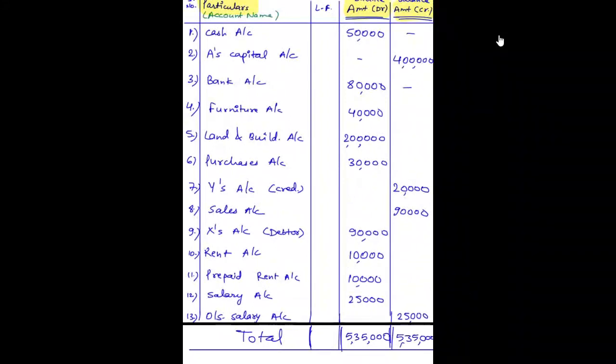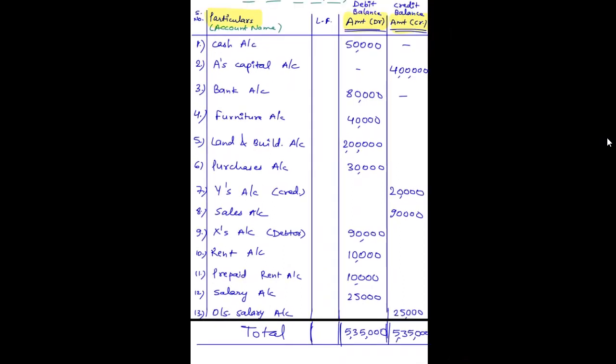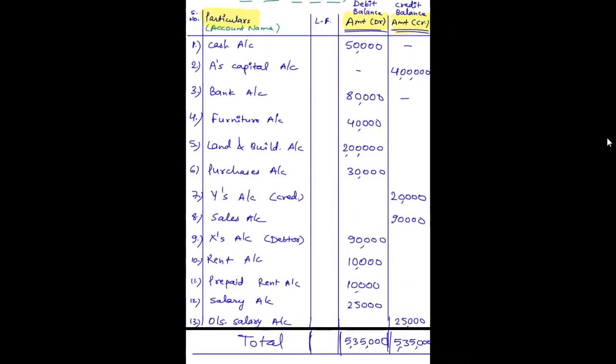If it is the same, then our whole question is correct. If it is not the same, then there is a problem. We have to recheck what we have done. Just confirm, everyone, if these are tallied.